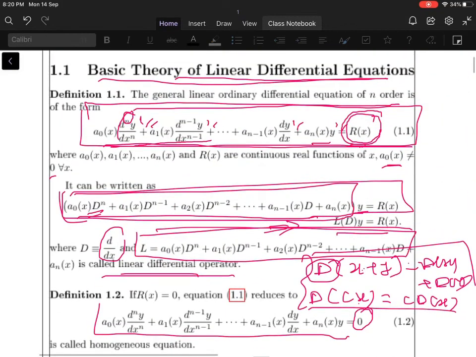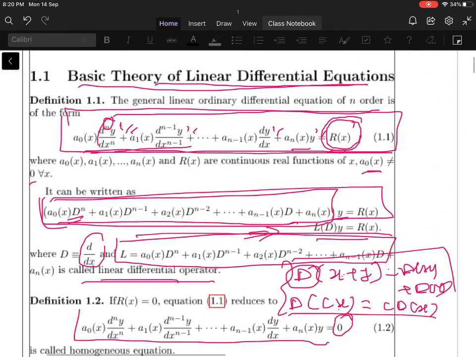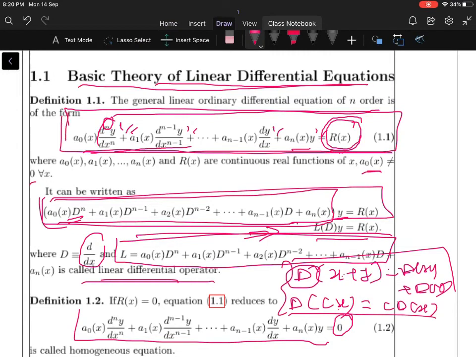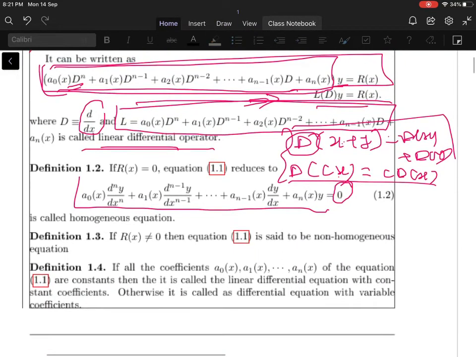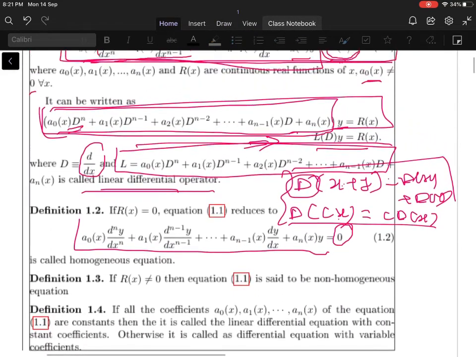So this is called a homogeneous equation. When do you say a homogeneous equation? If r of x is 0 in equation 1.1, the equation is called a homogeneous equation.